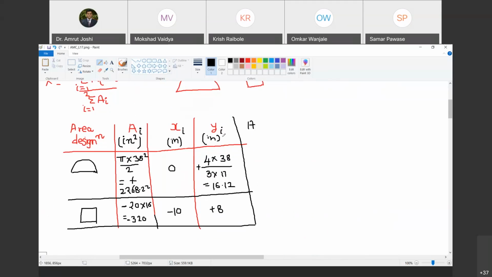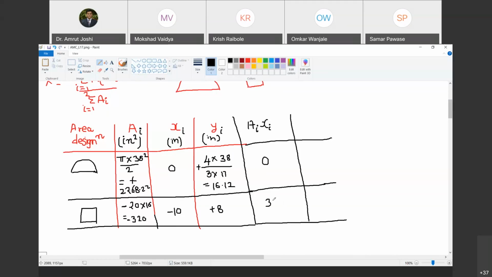Now, the next thing I am going to do is calculate the summation of Ai xi. That means I have to multiply Ai by xi. So see how much Ai is, some value multiplied by xi. The first term is going to be 0. Happy? Yes, sir. And the second term is minus 320 into minus 10, so how much is that?